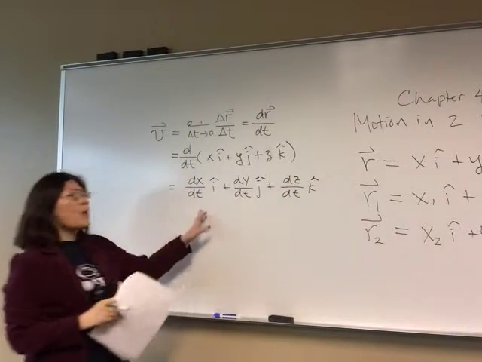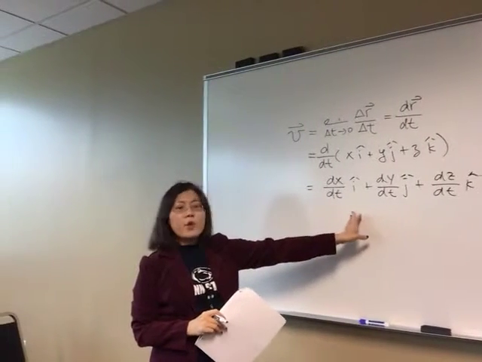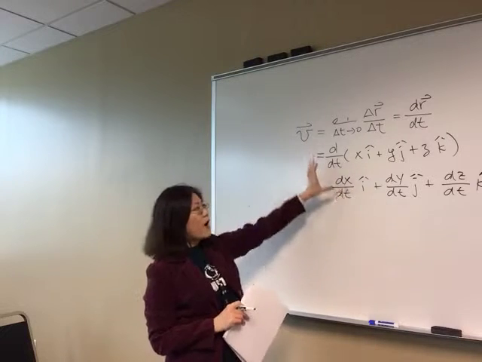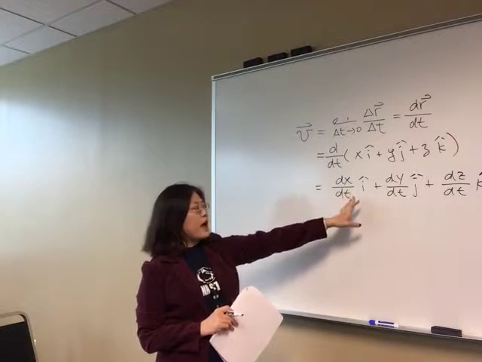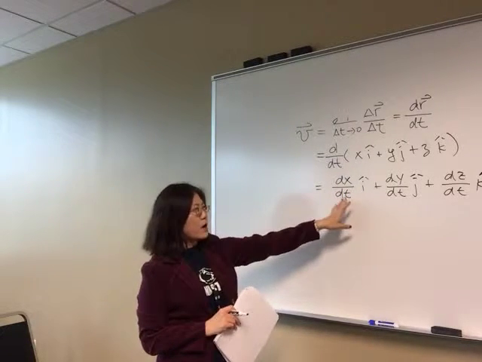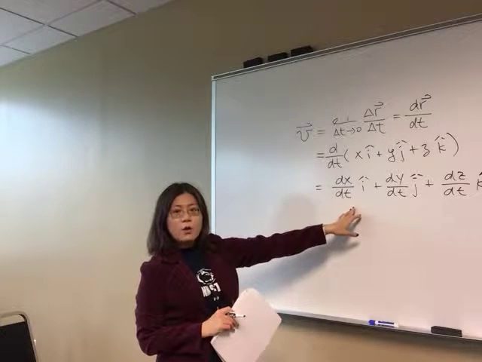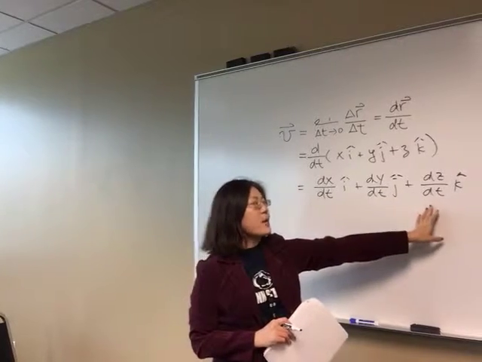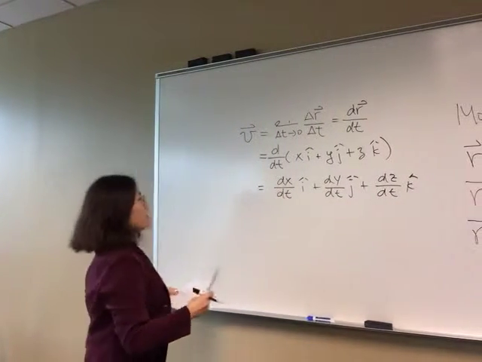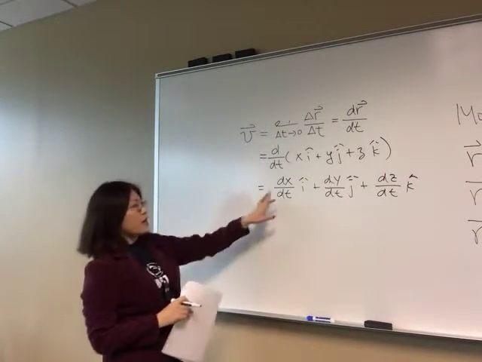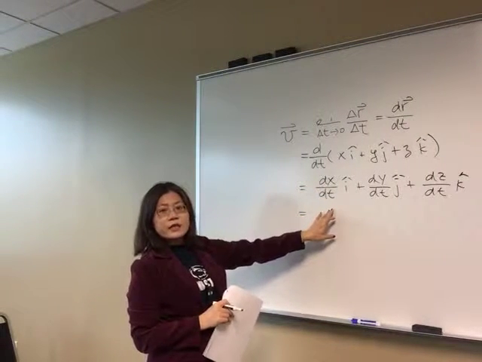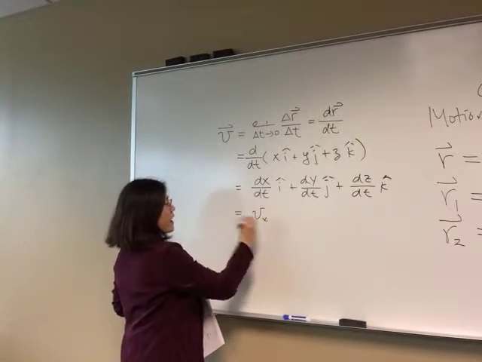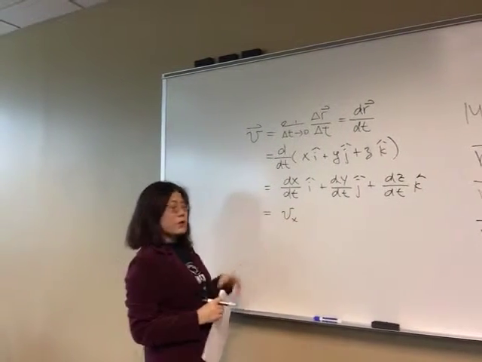Now, because they are all pointing in directions that are perpendicular to each other, you do not add them together. So you find your dx dt, which is the magnitude in the horizontal x direction, and this is the y component in the y direction, z component in the z direction. Okay, so realizing that this dx dt is just the instantaneous velocity along the horizontal direction, we can use v sub x to indicate that's the x component.